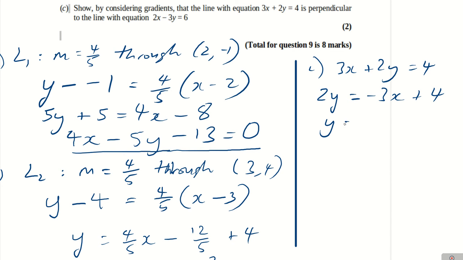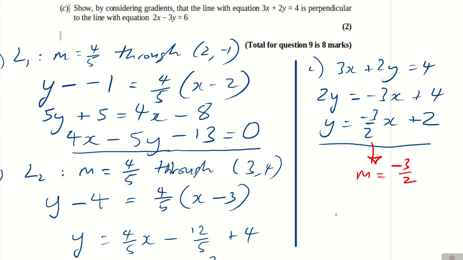Divide by 2, y equals minus 3 over 2 x plus 4 over 2, which is plus 2. So the gradient of this line, m equals minus 3 over 2.